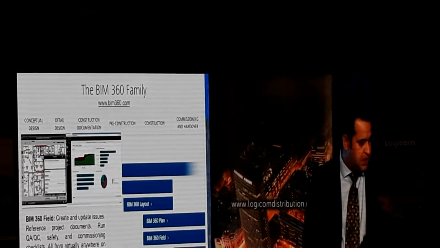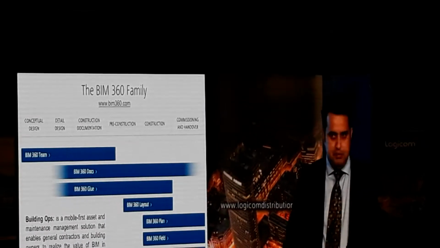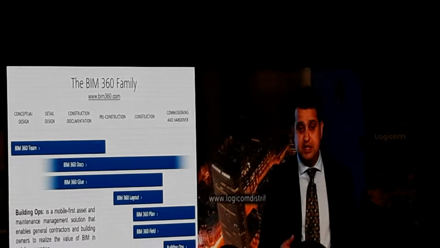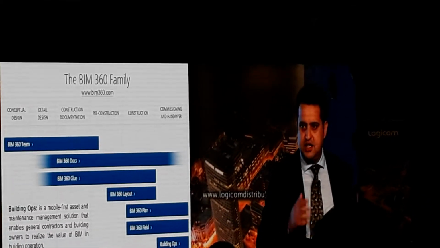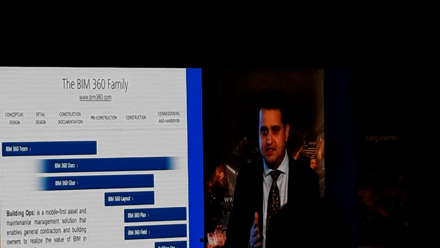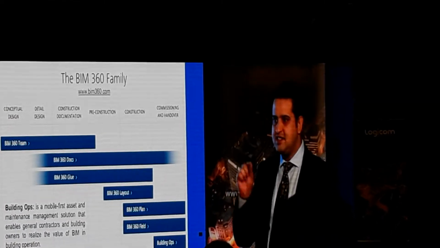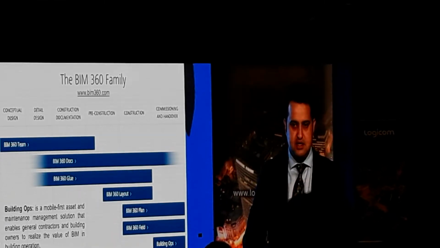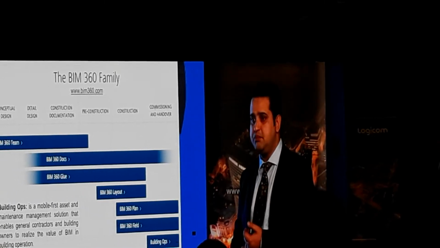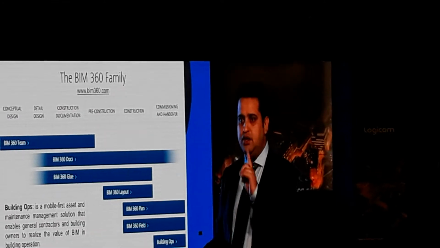All right, so similarly, the building ops, or we call it now BIM 360 Ops, I forgot to rename it here. So it allows you to take the data which you have captured on the site in the field in a single click to this platform which you can use on a phone. So that means for building maintenance and asset management, you are ready on day one.